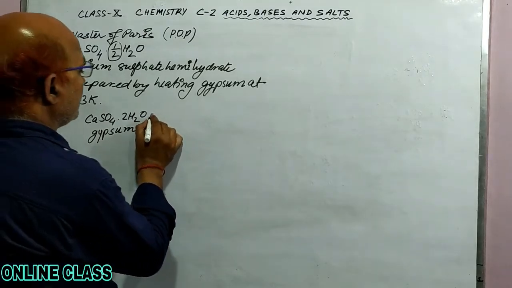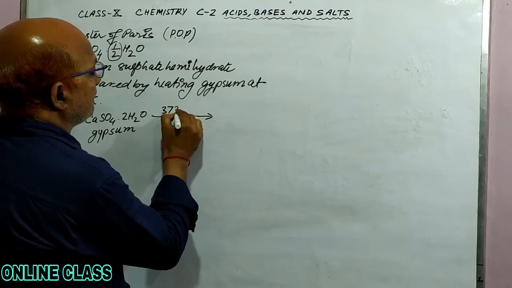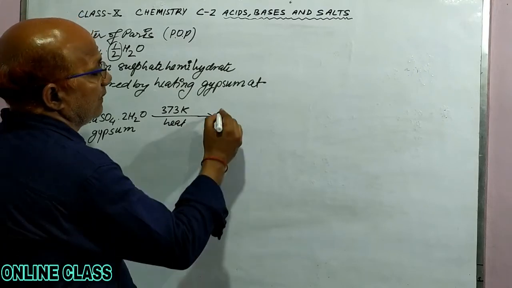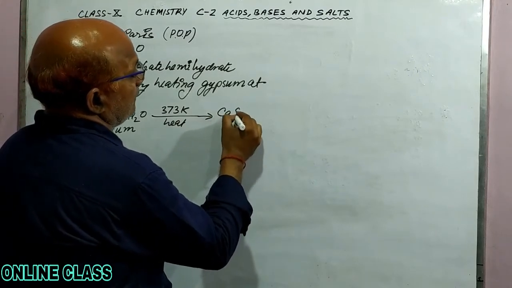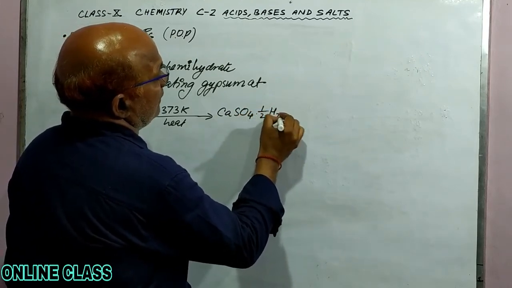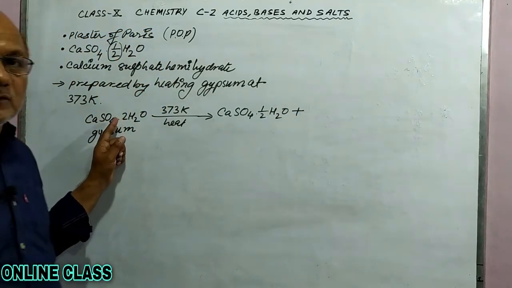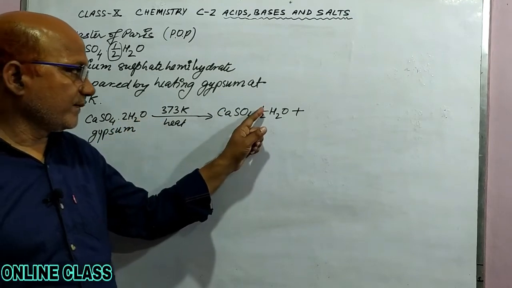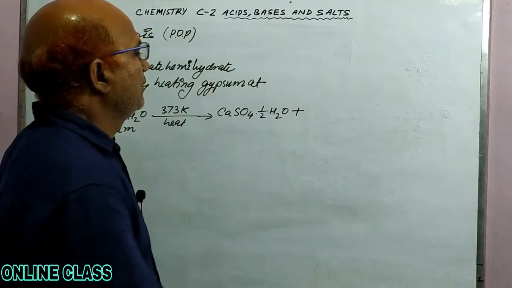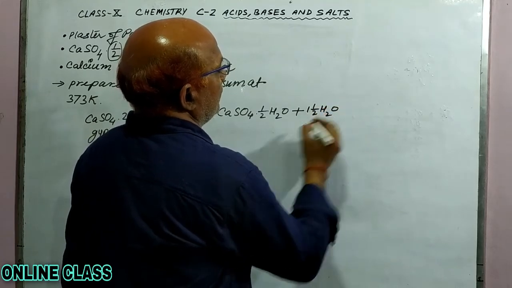So, when it is heated at 373 Kelvin, then it forms CaSO4·½H2O plus, you can see this is 2H2O. So, this is half H2O. So, how many water molecules are left? It is 1 and half H2O. Okay.